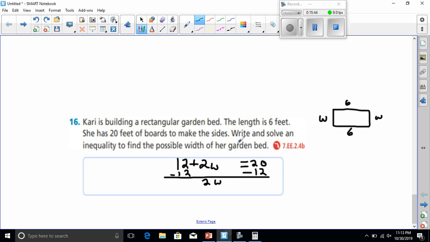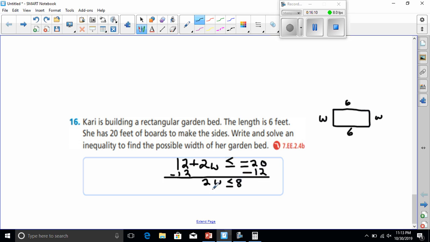No, remember this says the length is 6 feet. She has 20 feet of boards to make a side. So that means at most it could equal 20. So it could be less. All right. So that means this will be less than or equal to 20 minus 12, which gives us 8.